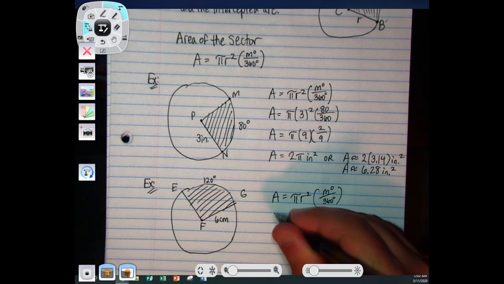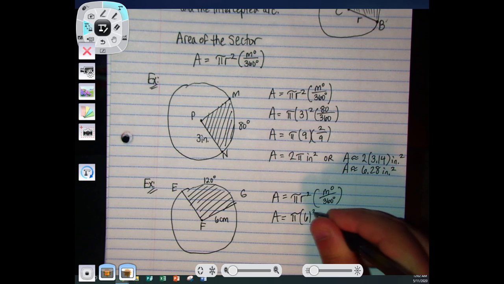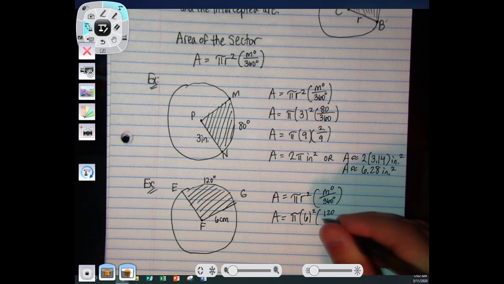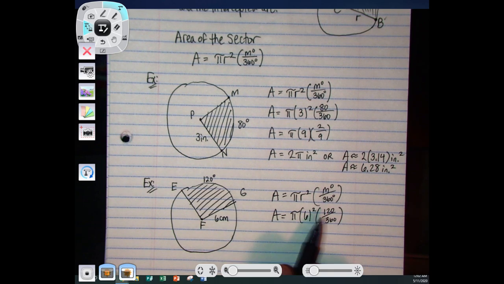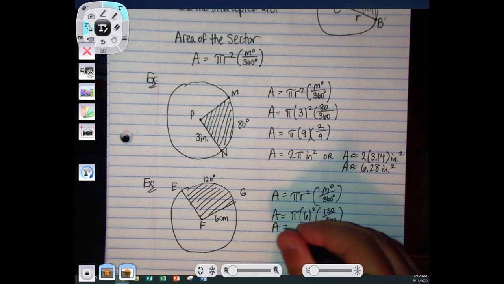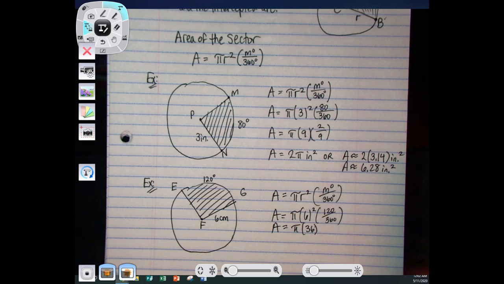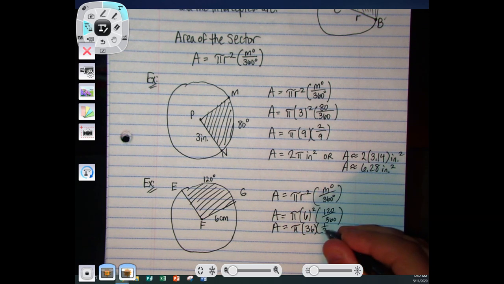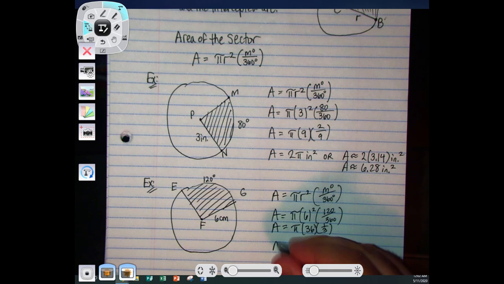Okay. So we do our substitution. So it's pi times 6 squared times 120 over 360. Great. So 6 squared, that's 36. And 120 over 360, that simplifies to 1/3. So 1/3 of 36, that's 12.